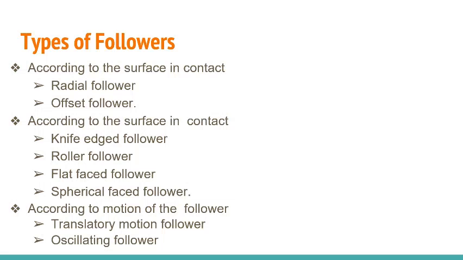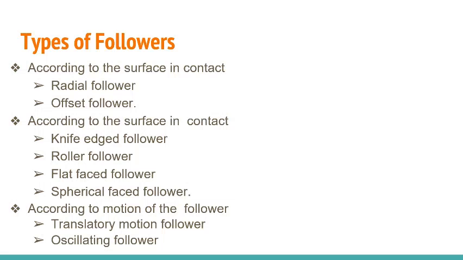Then again, the surface of contact is classified into higher pair and lower pair, or the contact area is taken into account with respect to knife edge follower, roller follower, flat faced follower, and spherical faced follower. And according to the motion of the follower, the translatory motion follower and oscillating follower.